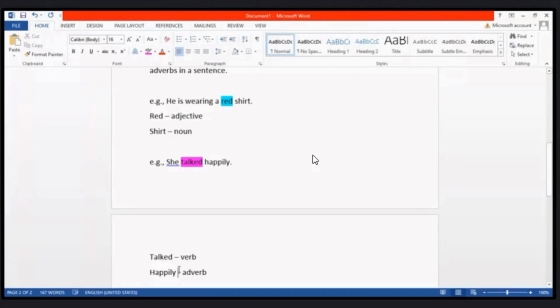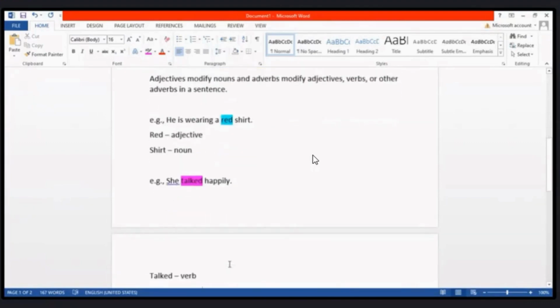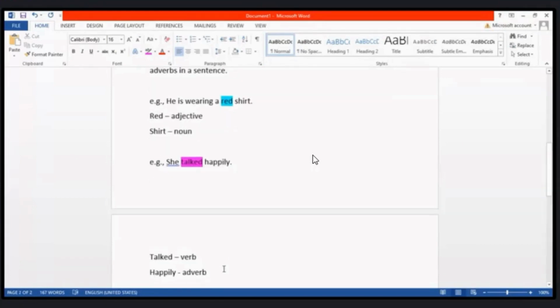So this adverb happily is modifying, or describing, the way that she talked. This talk is being modified by the adverb happily. So this is how it goes normally. In a sentence, adjectives come before the noun that they're modifying, and adverbs normally come after the verb that they are modifying.